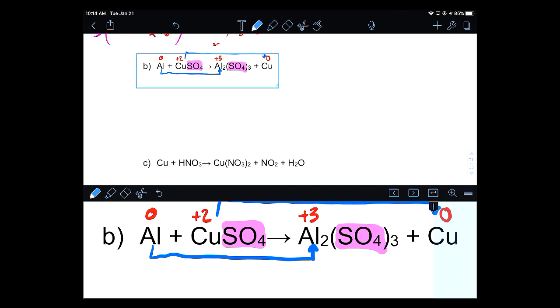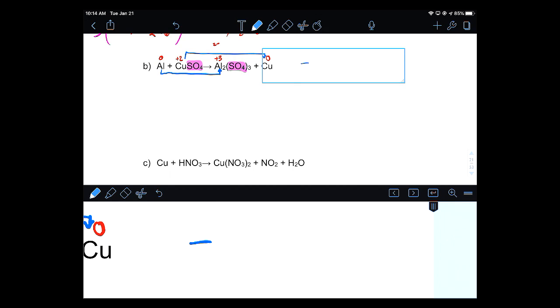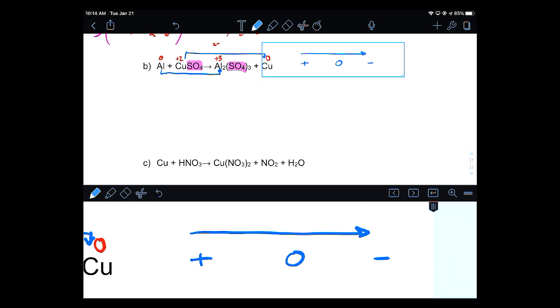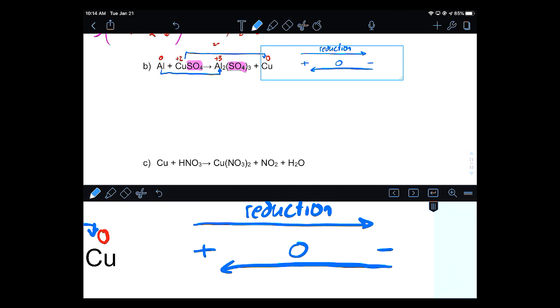If from positive going to negative, it's a reduction. So going this direction is reduction, and going this direction is oxidation.